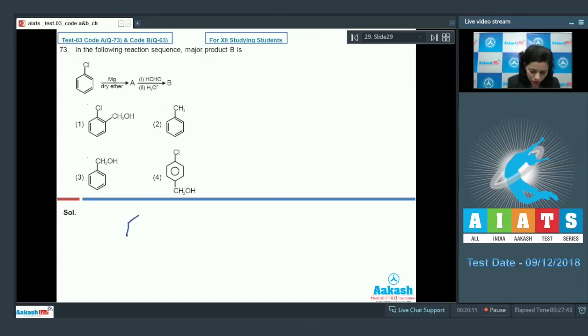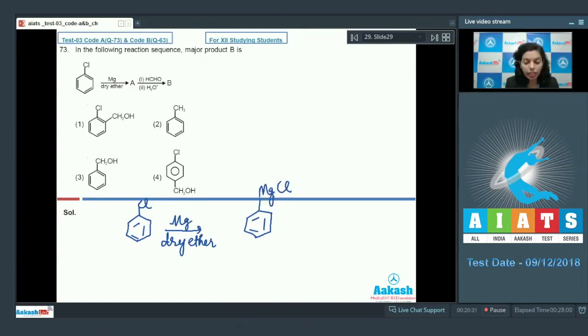So the reaction is the reaction of chlorobenzene with magnesium in the presence of dry ether. I've already told you Grignard reagent would be formed. This is Grignard reagent.